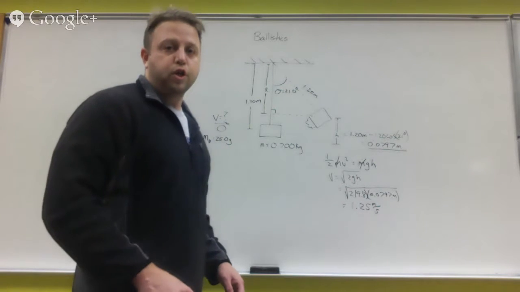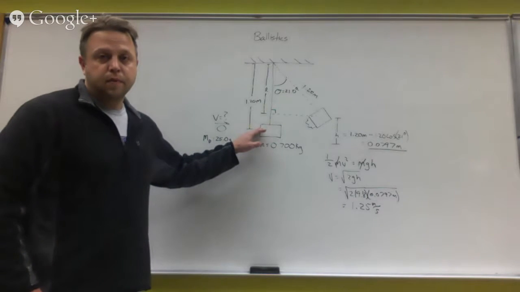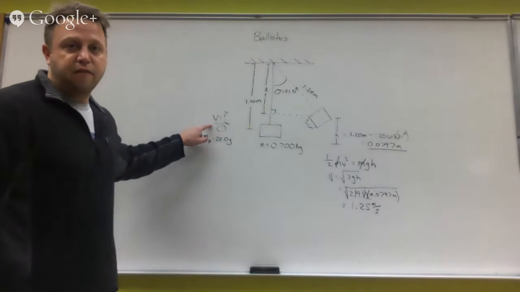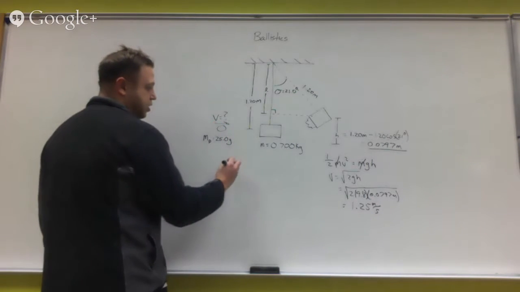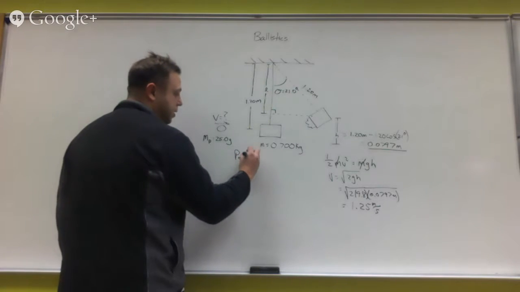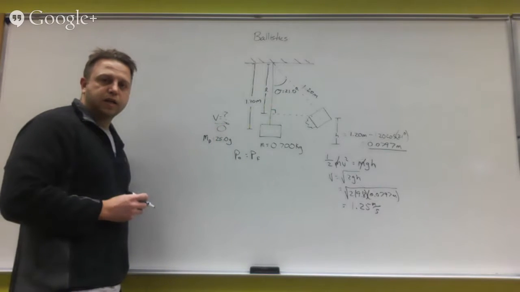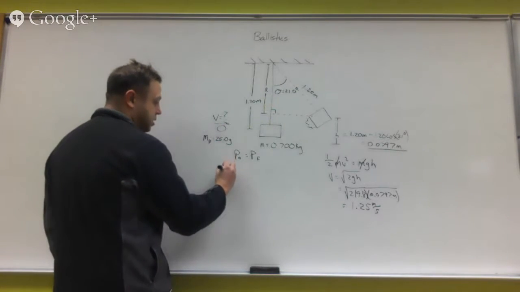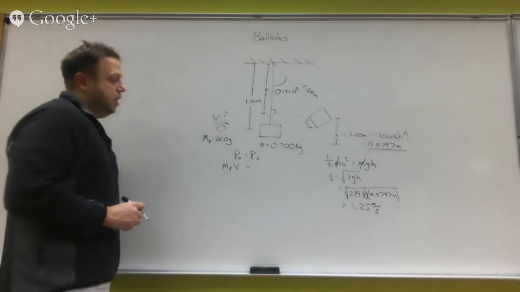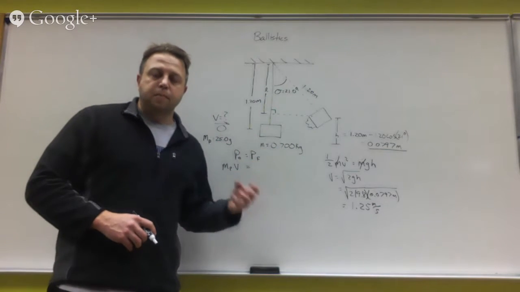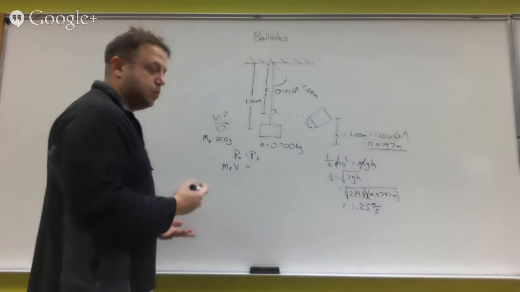Now we're going to use our conservation of momentum equations during the impact in order to calculate the velocity beforehand. Same thing here: how many things are moving before the collision? Remember, momentum's conserved, so P initial equals P final. The only thing moving before the collision is the putty, so we're going to say mass of the putty times v equals, and then afterwards both things are moving at the same velocity, so we can factor out the masses and just say times v final.